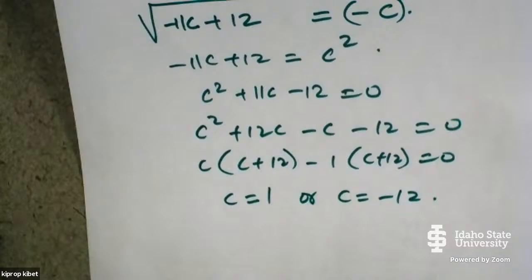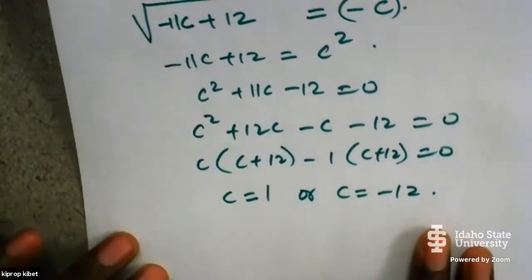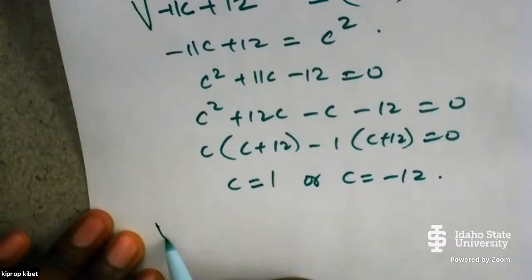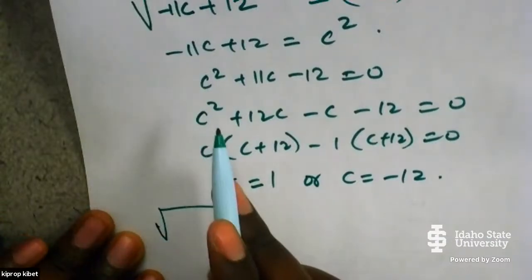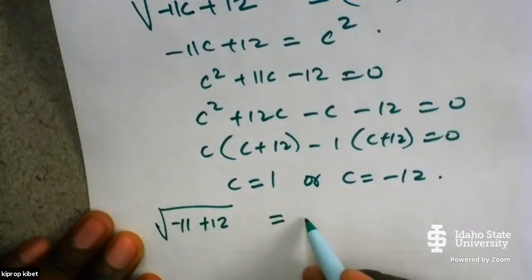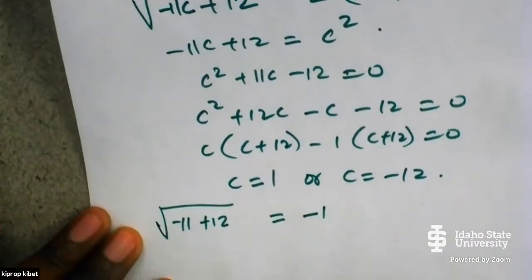Okay, let's check whether we have the answers there. If you start from 1, the square root of c is 1. So it will be minus 11 plus 12. Is it equal to minus 1? Because c is 1, right?